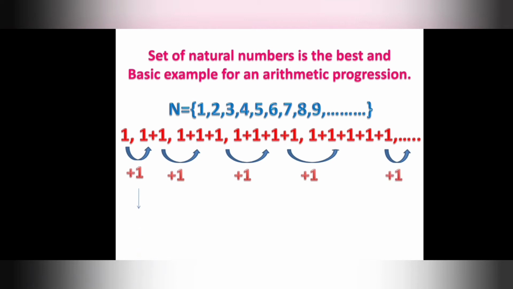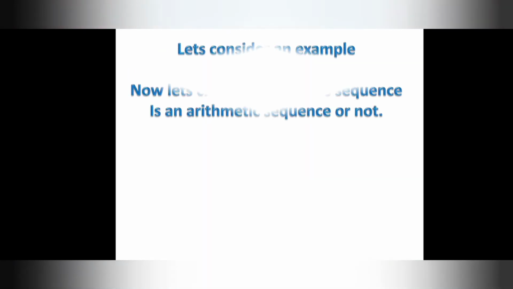That is, when you need a successive number to the given number, we get it by adding 1 to the preceding number. So when you add 1 to 1, you get 2, and then when you add 1 to 2, you get 3, and so on. You can observe that D will be 1 here for the natural numbers, and A1 will be 1, A2 will be 2, A3 will be 3, and so on.